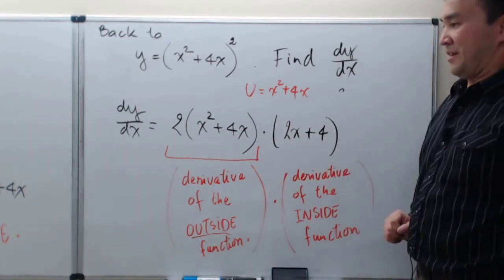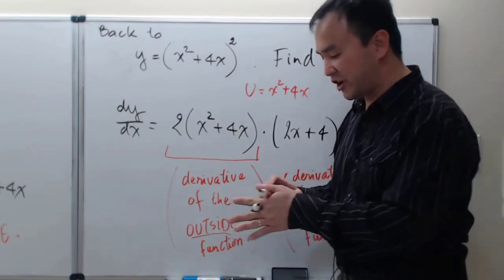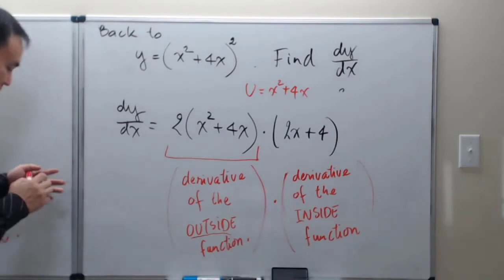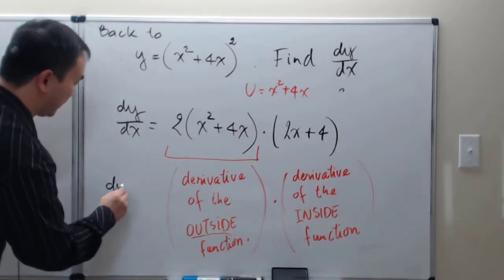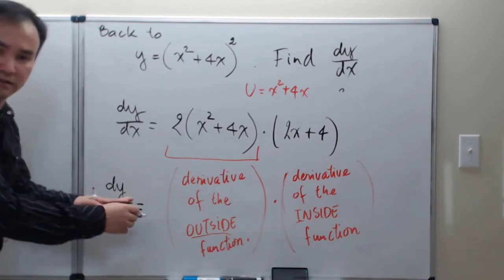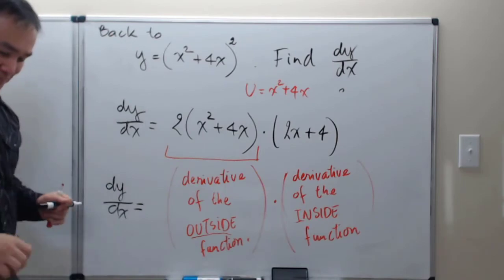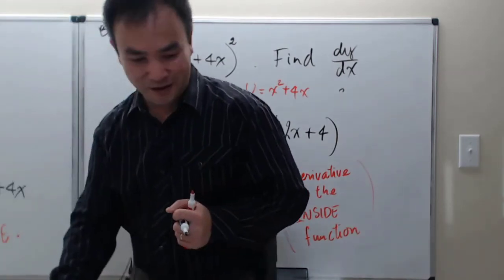And still another way of saying the chain rule. So this is the chain rule in verbal terms, to find the final derivative dy dx.